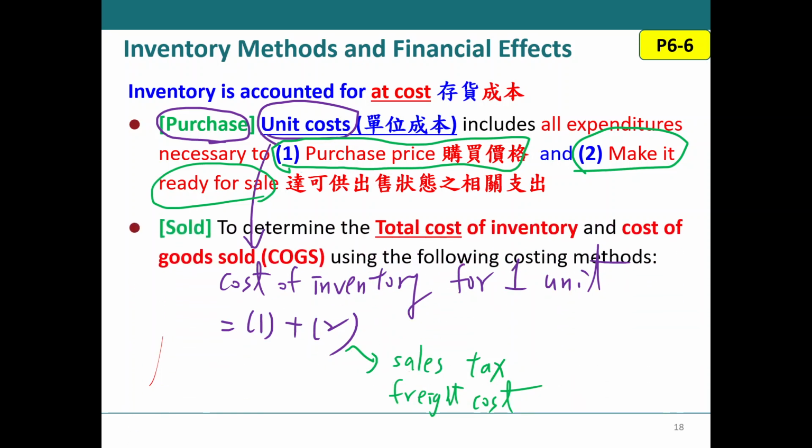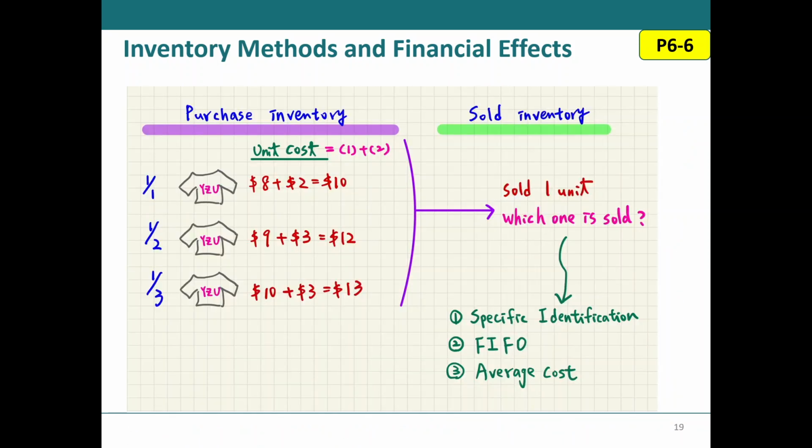So for example, next slide. Here, when you buy inventory on different dates, first day, second day, third day, sometimes you will find you buy one unit at different cost. Why? Because for companies, the price always changes, right?